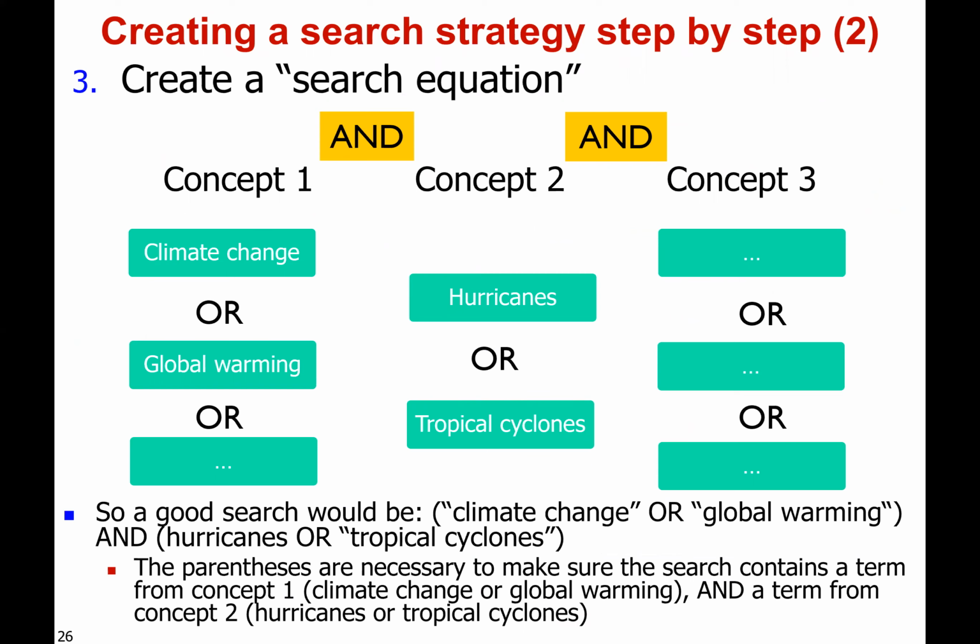You know, just like you want tropical cyclones in that order rather than the article talking about cyclones in one place and then tropical in another place. So that's why the quotes are there. And that's why hurricanes, or any term with just one word, does not have to have quotes. You can put it there, it won't do anything. And the parentheses are there to make sure the search contains one term from concept 1, so what's in parentheses, and one from concept 2 in parentheses.